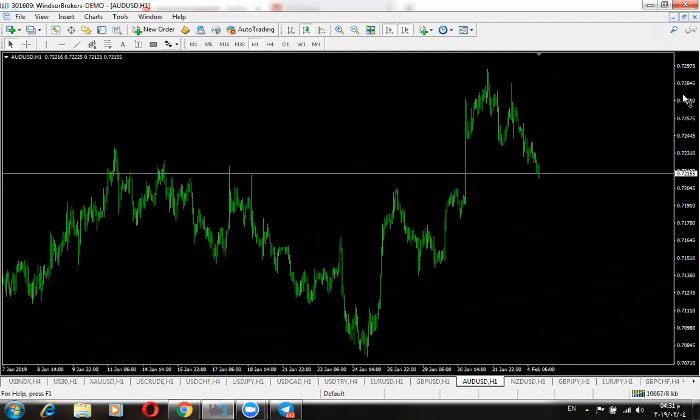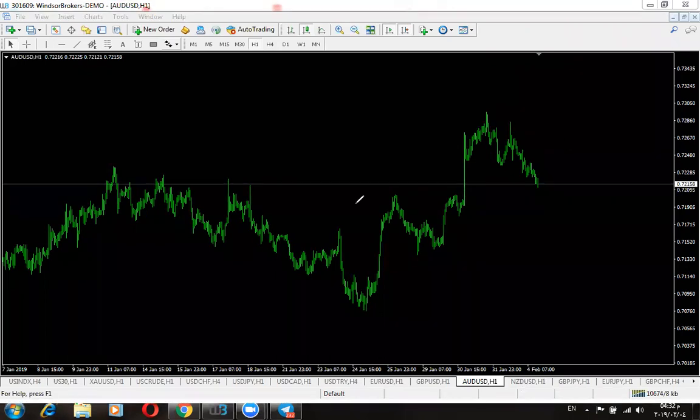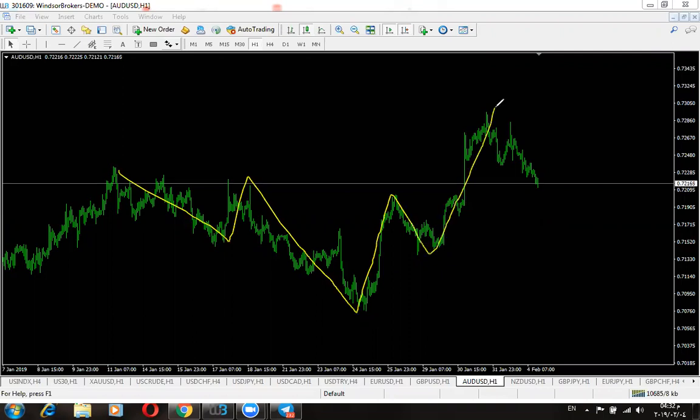Regarding the USDJPY, I will show you something regarding this count. We have this ABC to the downside, this ABC to the upside. So we are expecting to see another ABC to the downside.